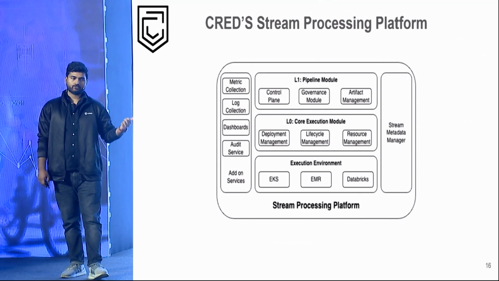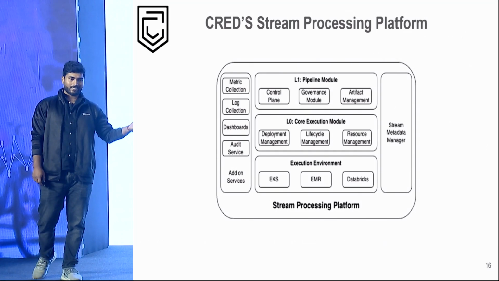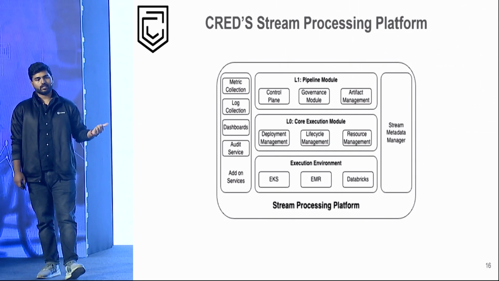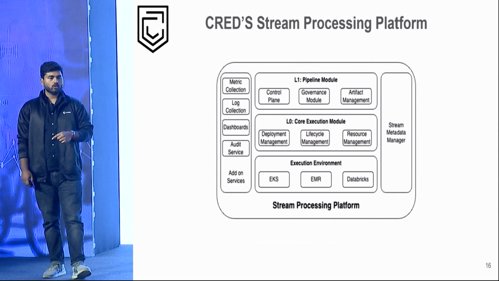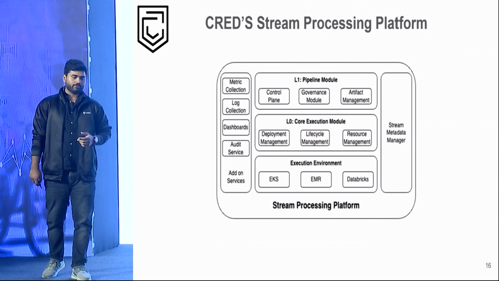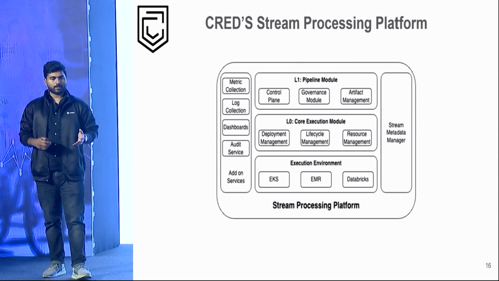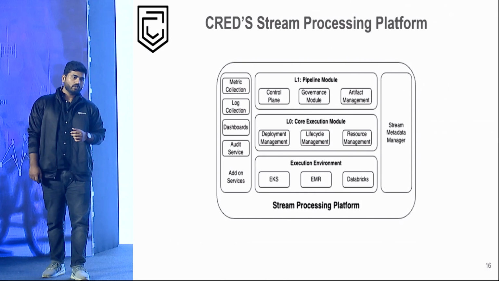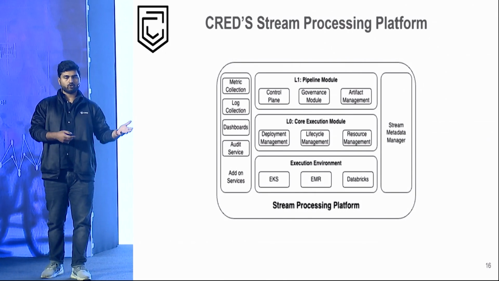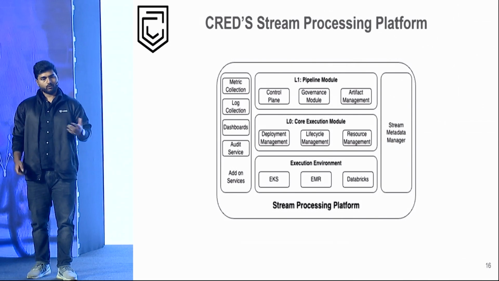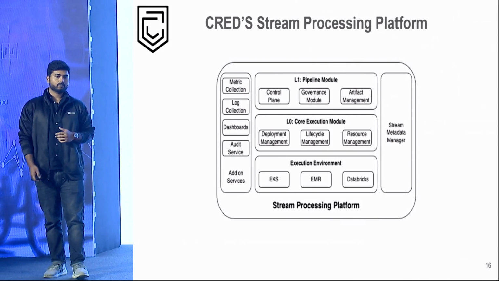In case any of the runtimes go down, we have fallback runtimes, so the lifecycle management restarts the jobs on the new runtimes, making sure there is resource availability, and the pipelines can be managed a little easier. Then on the top is our pipeline module, which has a control plane, obviously to govern things, as well as artifact management.